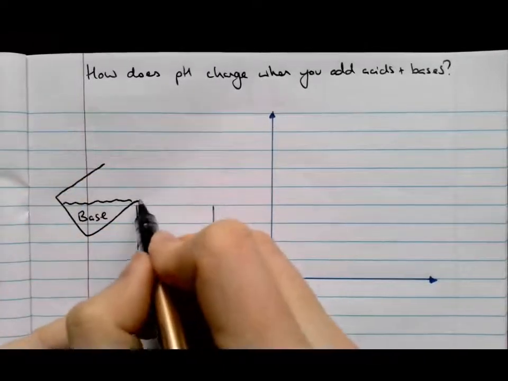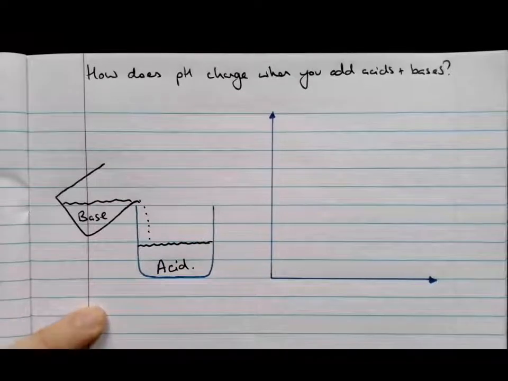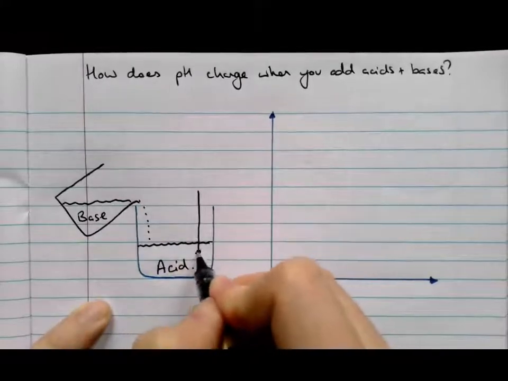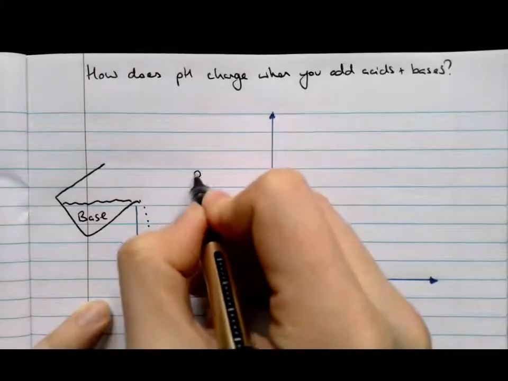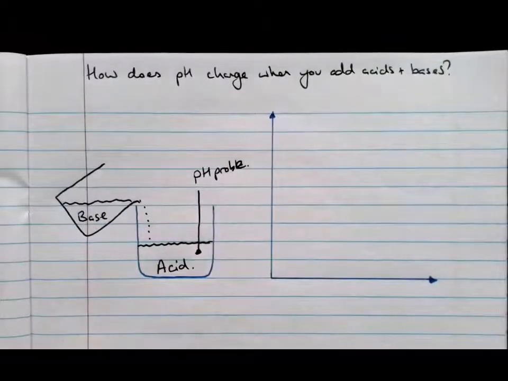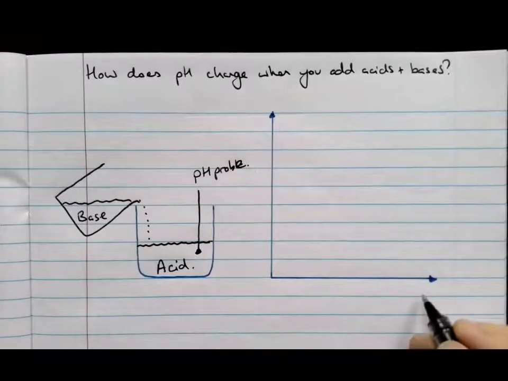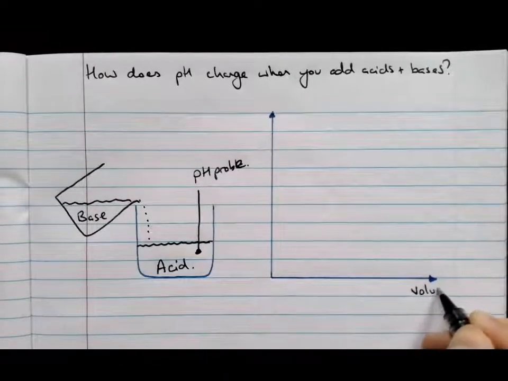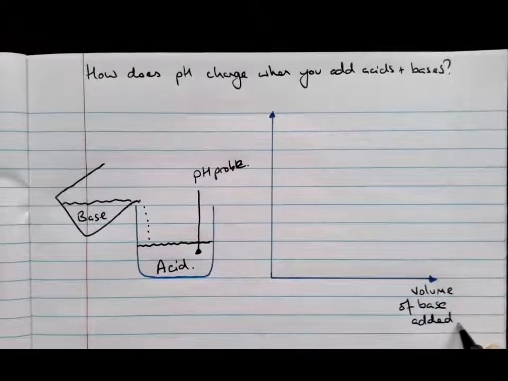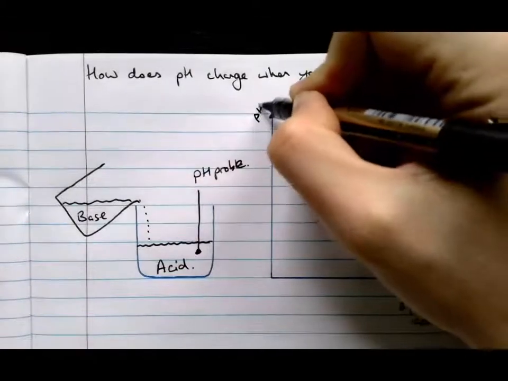All right, so it's going to go in nice and slowly, and I'm going to measure the pH. Imagine I've got a special pH probe that tells me the pH. And I'm going to plot a graph here of volume of base added against pH.